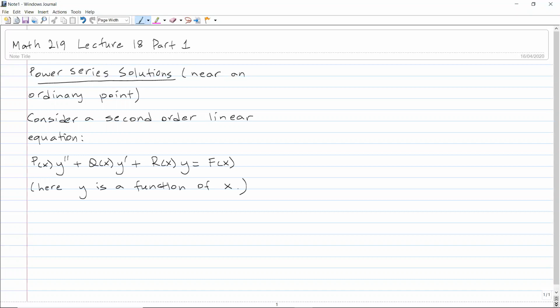Now, in general, such an equation is very hard, it is difficult to find an explicit solution.